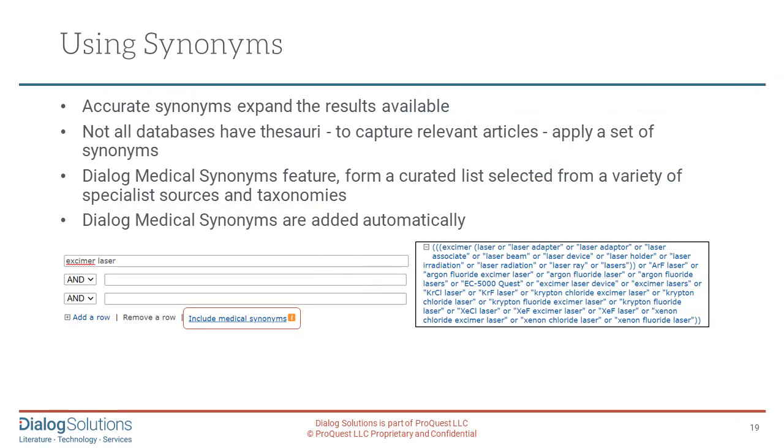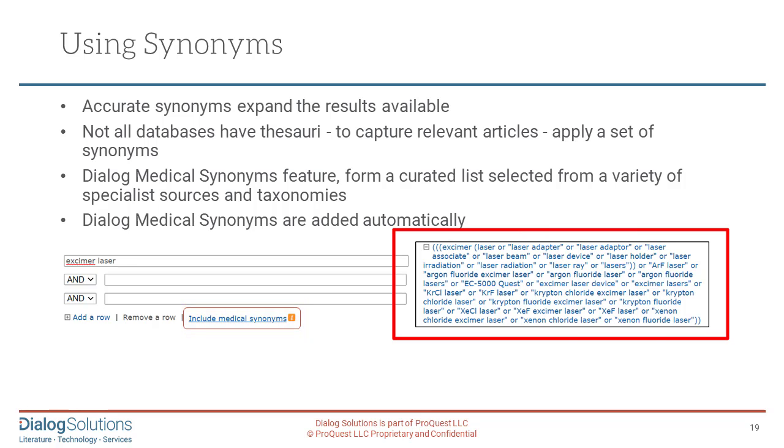So when you use the medical synonyms on Dialog, I just put in the search term. So I wanted to search on eczema lasers, click on include medical synonyms, and there they are. And another reason they're important is they're accurate, and not all databases have thesauri. So Medline and Embase probably have the best thesauri, but many others don't, or their thesauri just aren't as comprehensive.